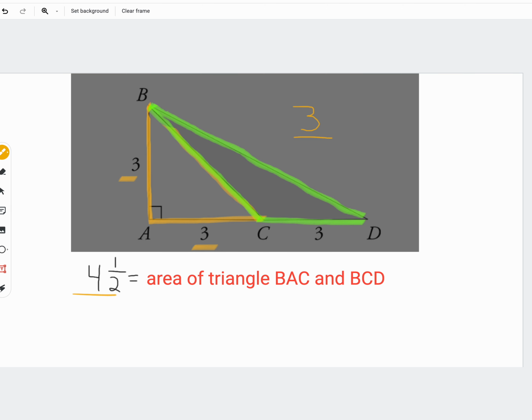Now let's look at this a little bit differently. The base of the entire figure will be 6. We can use our trusty formula again to find DAB.